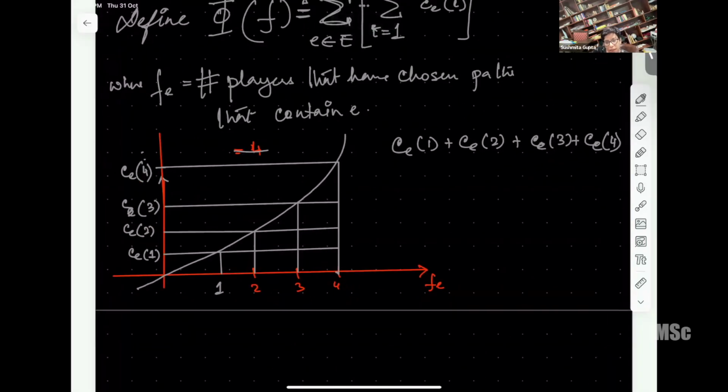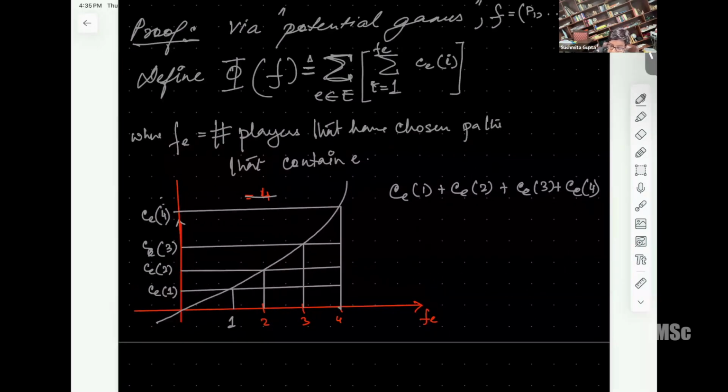So if you think about traffic on a network, on a path, first let's say there was just one car. Then there are 2 cars, 3 cars and 4. So the cost sort of adds up as more and more cars appear, correct? Okay. So now, can you say in this diagram what this quantity actually represents?